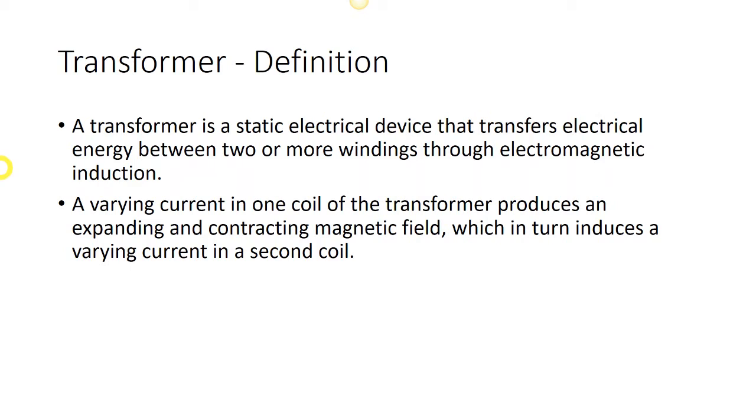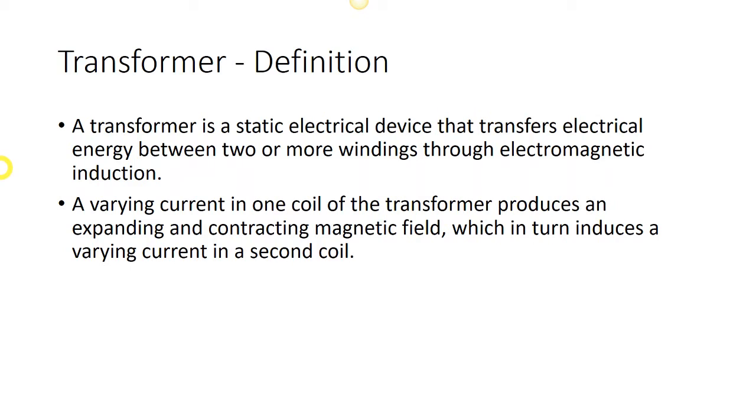A varying current in one coil of a transformer produces an expanding and contracting magnetic field. We learn this in the electromagnetism subject. When the voltage increases, that magnetic field around that conductor increases, and when the voltage decreases, the magnetic field around that conductor decreases, and that movement is what actually makes a transformer do work.